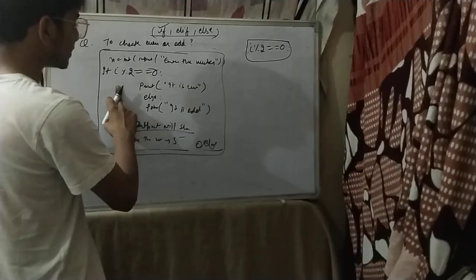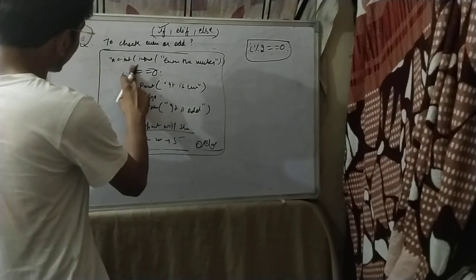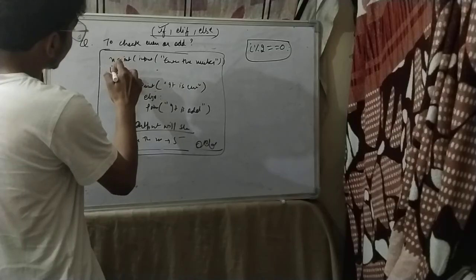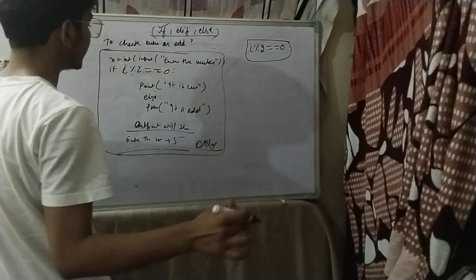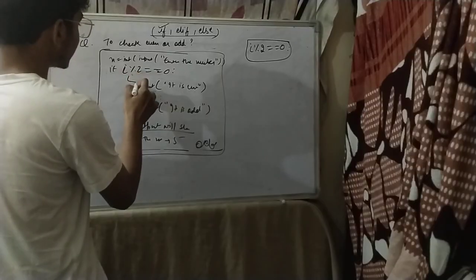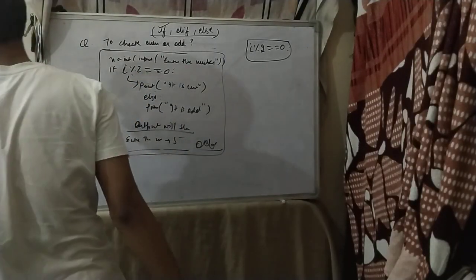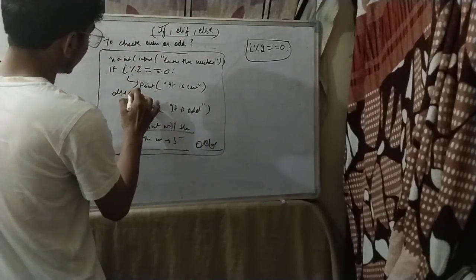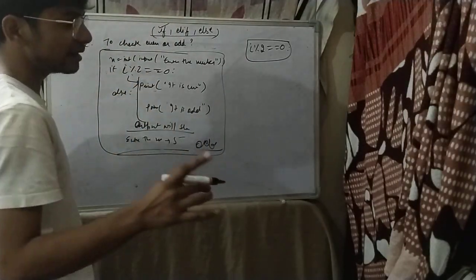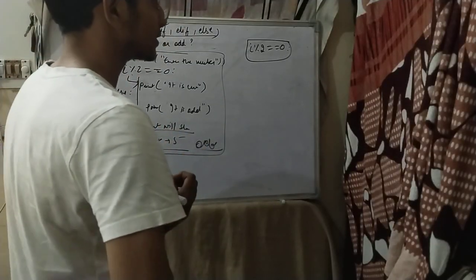The problem is that there is no print here. The if will come here, then the print will come, and similarly the else will be there also, with the print in the same way, because indentation matters in this language.